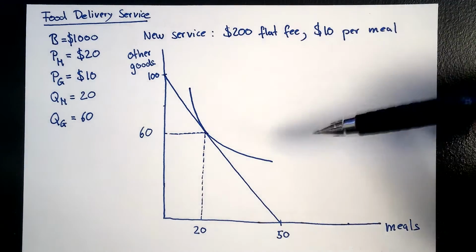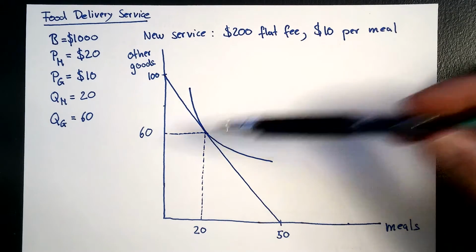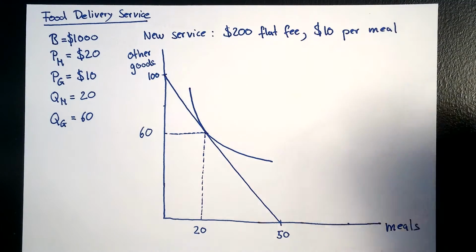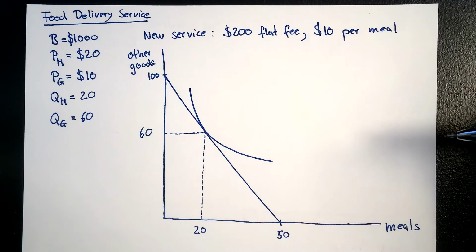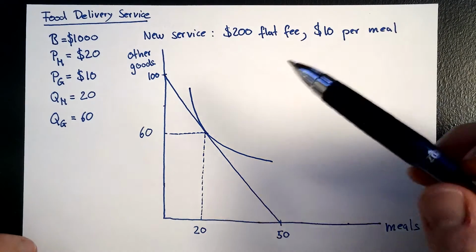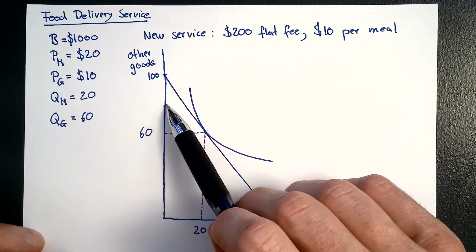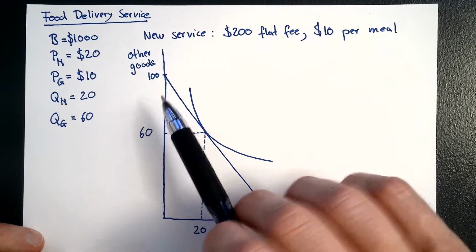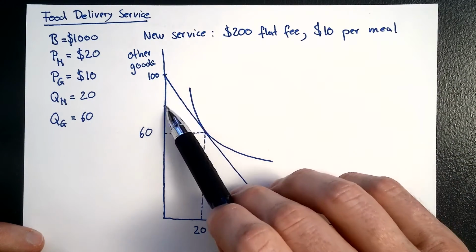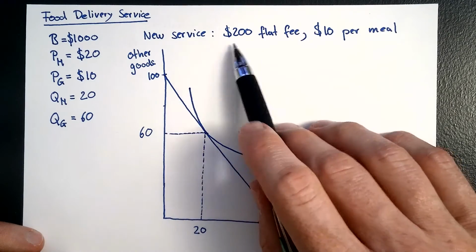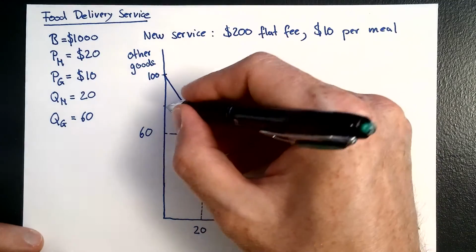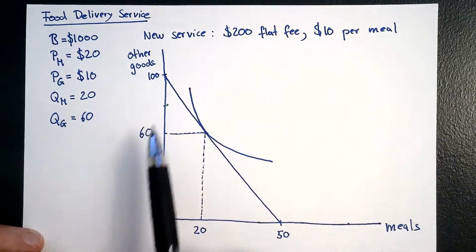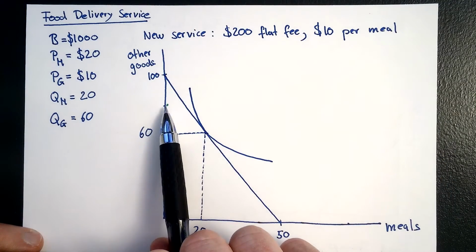Now let me just illustrate the new budget constraint, which is consistent with this scheme. Note that at the initial point, the intercept, it's slightly incorrect here, but we have a $200 flat fee, which means that we have only $800 left for other goods.